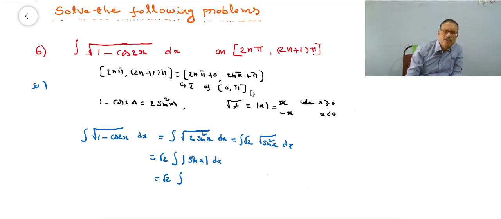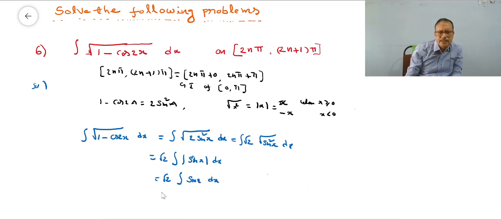In first and second quadrants, sin x is always positive. So by this definition, when sin x is greater than or equal to 0, modulus of sin x is equal to sin x.